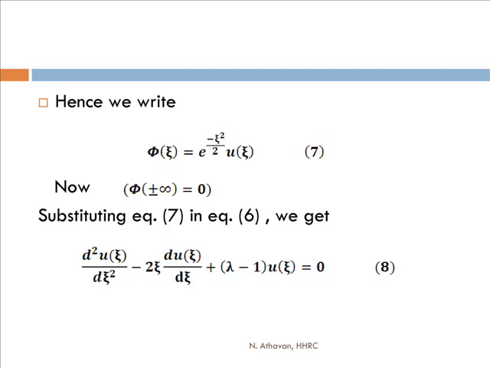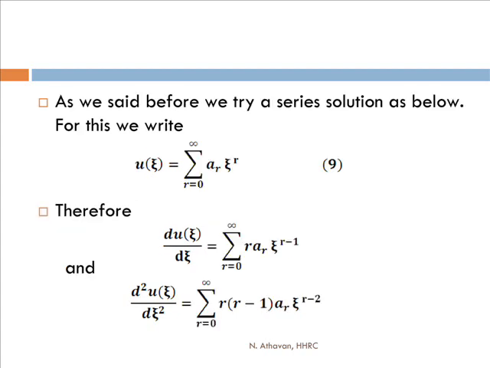So after the substitution, we get d square u by d xi square minus 2 xi into du by d xi plus lambda minus 1 into u is equal to 0. As we said before, we are going to try for a series solution as follows.